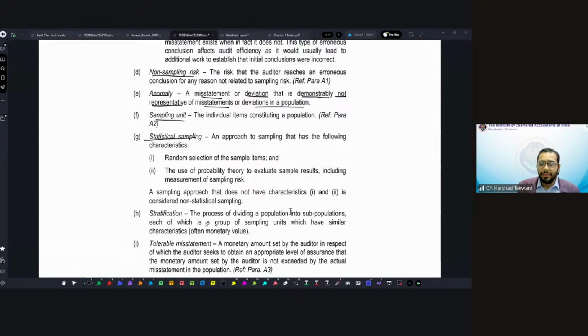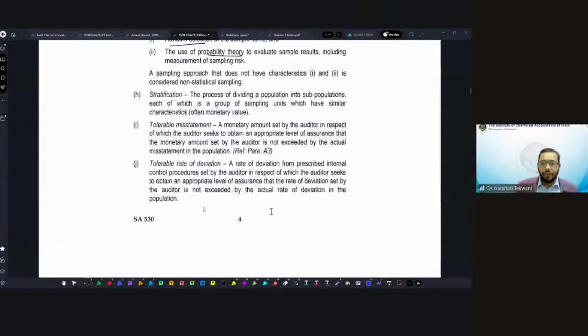Statistical sampling, that is random selection or probability theory, that we have discussed. Stratification, dividing into subpopulations or groups, that we also discussed. Tolerable misstatement, kind of a margin of error. It is a monetary amount set by the auditor to obtain an appropriate level of assurance that it is not exceeded by the actual misstatement in the population.